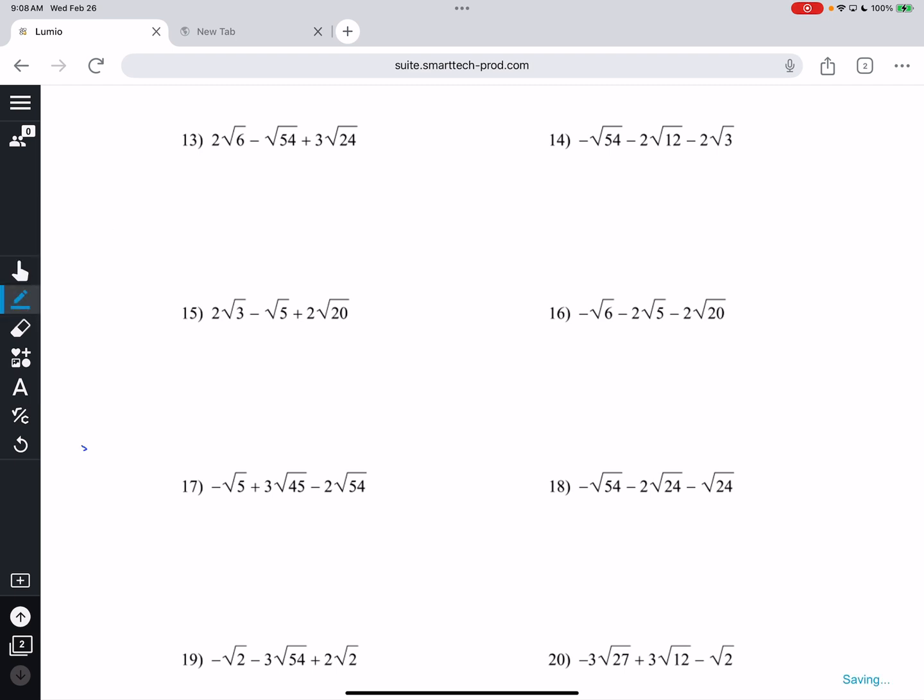What's in front of the radical 54? Negative 1. So we want to make sure we see that. So 2 radical 6, we don't break that down at all. And then 54, 9 times 6. The 9 comes out as a 3.